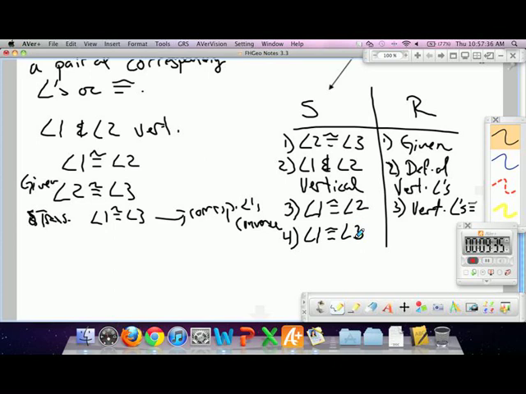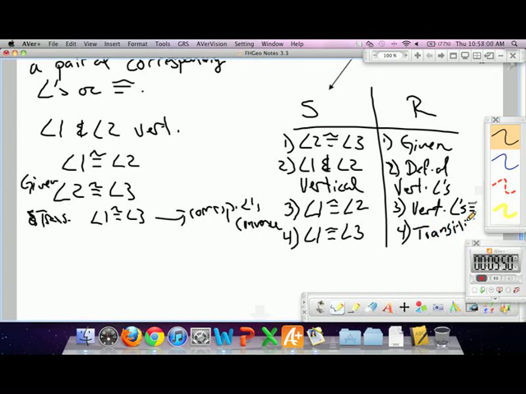I like transitive in this case. If 1 is congruent to 2, and 2 is congruent to 3, then 1 better be congruent to 3. And that's what we wanted to get to.